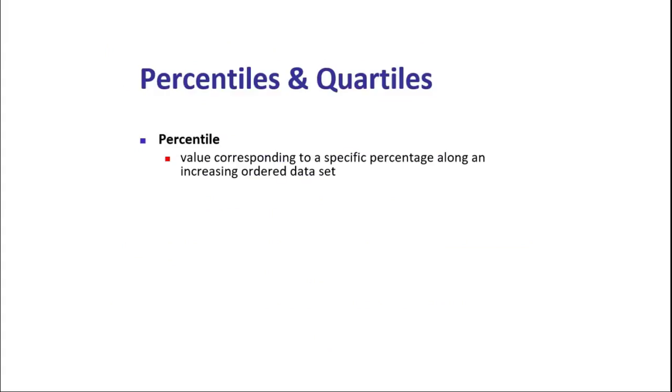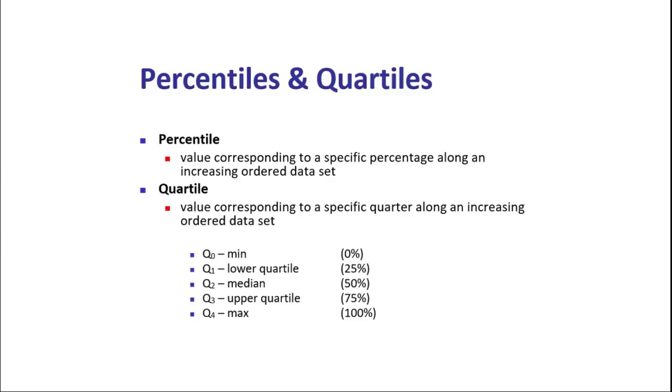Now, when we look at percentiles and quartiles, a percentile is a value corresponding to a specific percentage along an increasing ordered data set. And a quartile is the value corresponding to a specific quarter along an increasing ordered data set. So we've got quartiles Q0, Q1, Q2, Q3, Q4, equivalent to percentiles 0, 25, 50, 75, and 100. Q0 is equal to the minimum of the data set, the smallest value.